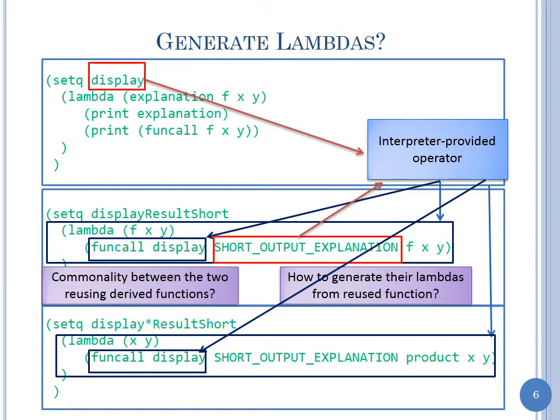Right? We know that display takes explanation f, x, and y. The first argument has been supplied. So I create a new function that takes as parameters the remaining arguments, and I put those remaining arguments in the FUNCALL. So I can actually generate both of these parts by knowing what is in display and just supplying the remaining arguments.